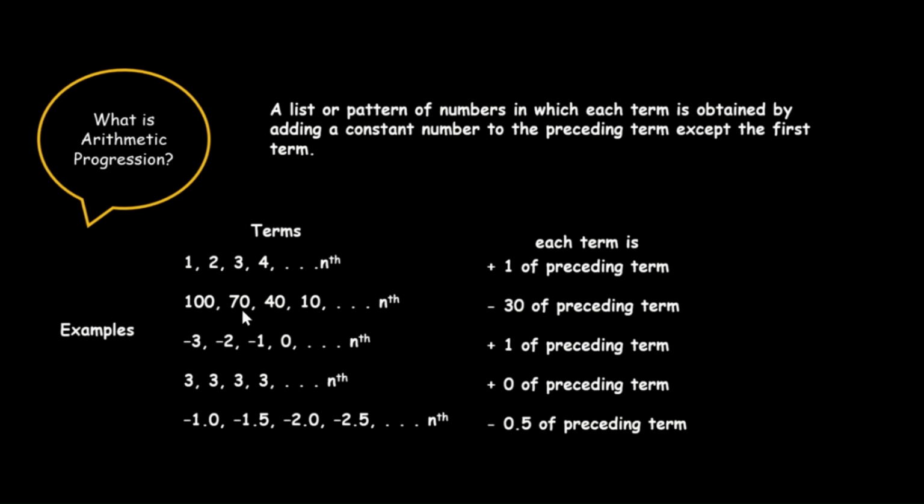And by adding -30 to 70, we are getting 40, which is the third term. So each number, except the first term, of course, in the arithmetic progression is obtained by adding -30 to the number preceding to it. And here are the other examples.